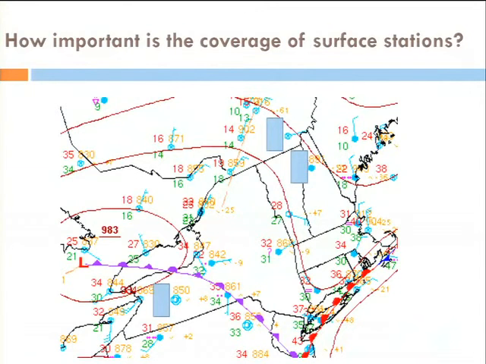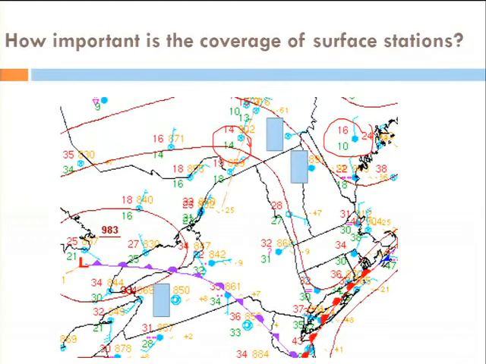So I have a map similar to the one that I showed you earlier, and I have a couple of stations blocked out. Again, these temperatures are in Fahrenheit. There's a temperature of 14 degrees Fahrenheit there, a temperature of 16 degrees Fahrenheit here.